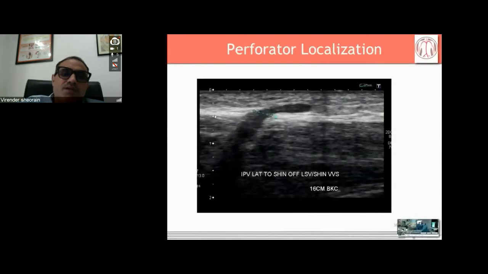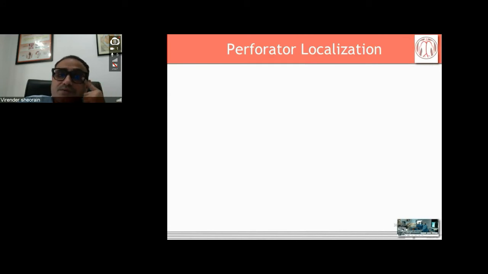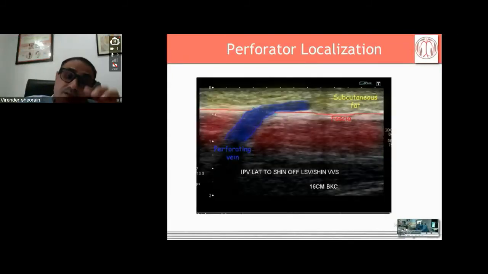Here you can see an incompetent perforator vein lateral to the shin of the LSV. So this is again an incompetent perforator which is nicely demonstrated by ultrasound piercing the fascia. Here is again the same thing, just to explain the color view.